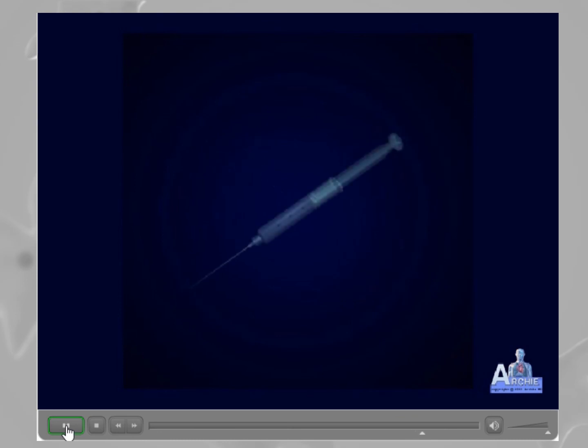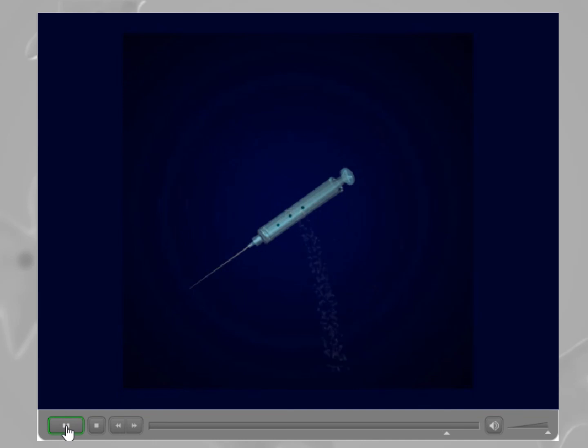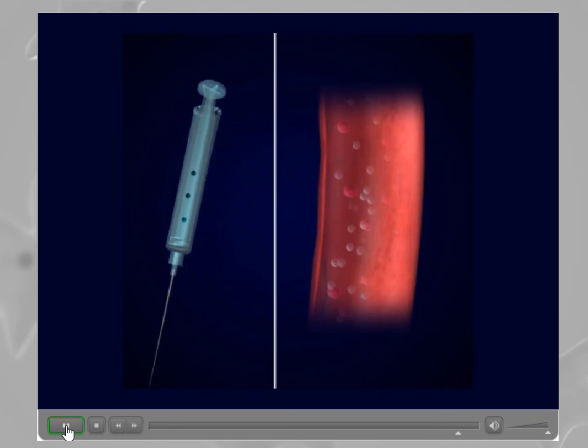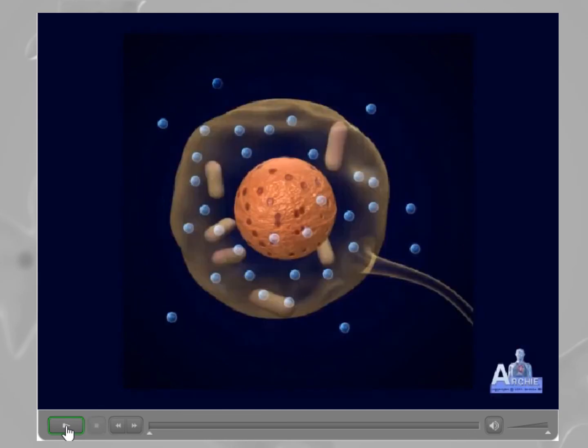And then just showing you kind of like a hydrostatic pressure, and now if there's holes, you're going to see things coming out those holes and not out the end of the needle. And that's essentially the way the membrane is: if there's enough pressure put on a blood vessel, for example, the excess will be pushed out through the holes in the membrane.